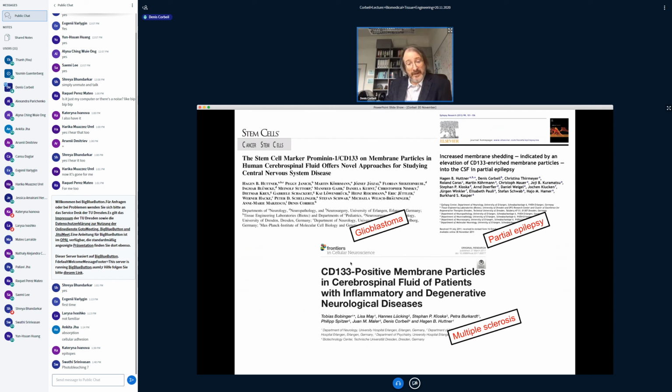We have observed an upregulation of these particles in the cerebrospinal fluid. We don't know the function yet, but at least we can use it as a biomarker.